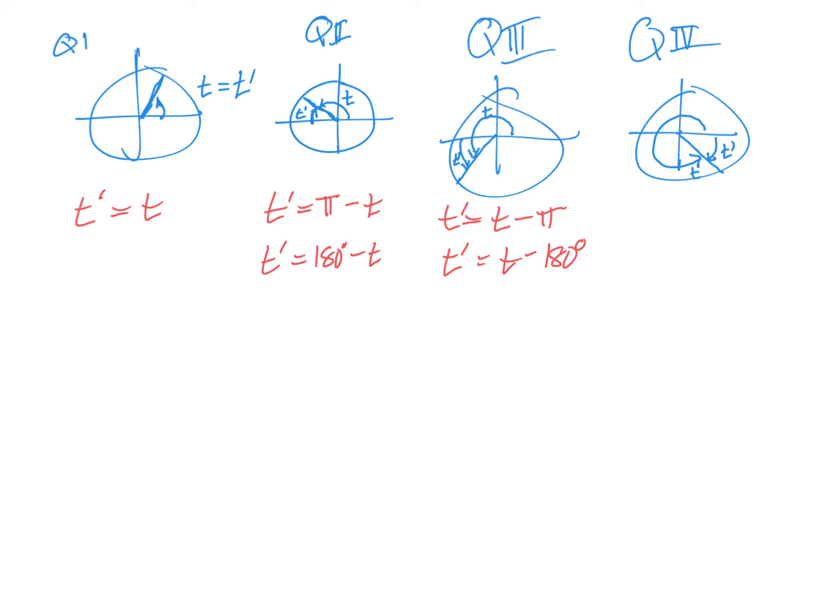And then in quadrant 4, we are this much, so our angle t plus our reference angle t prime make a full circle. Therefore, solving for t prime, we get that t prime is either 2 pi minus t, or t prime is 360 degrees minus t.